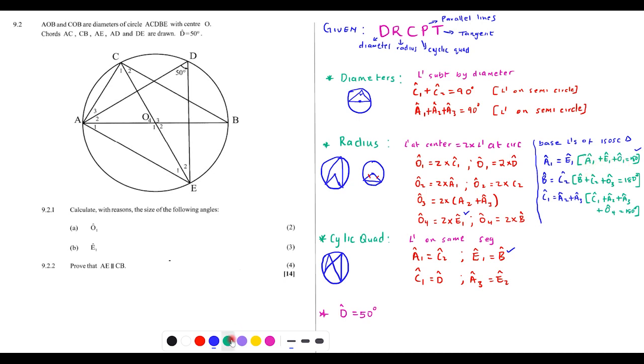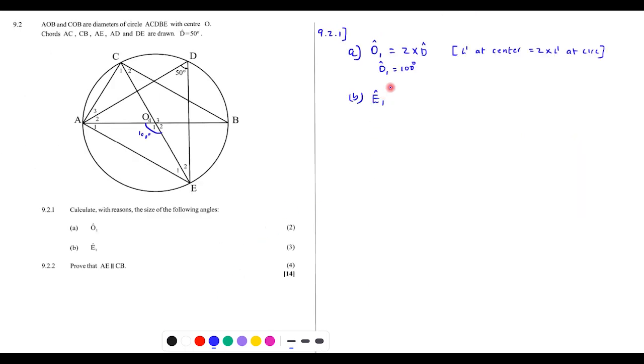So now we're going to say here E1 plus A1 plus O1 is equal to 180, right? So this is the sum of interior angles of a triangle. They add up to 180. But E1 is the same as A1. That is because of base angles of the isosceles triangle.